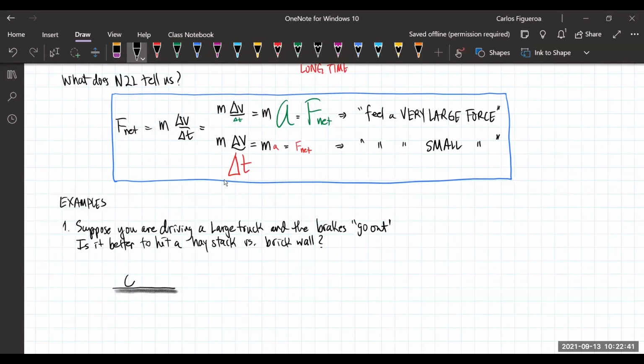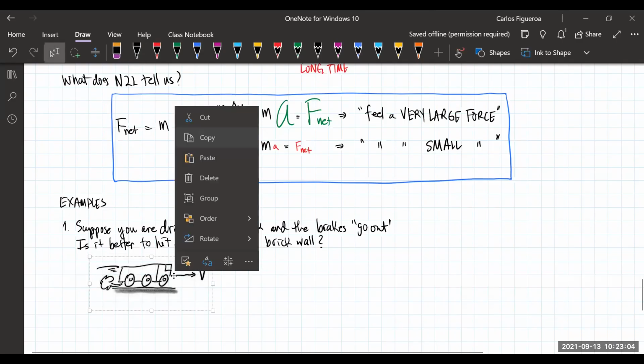You could imagine that we have the following scenario. I have a truck that's driving very fast. As it's driving, you're seeing it's going very fast and it's moving at some high velocity like this. So let me copy that.